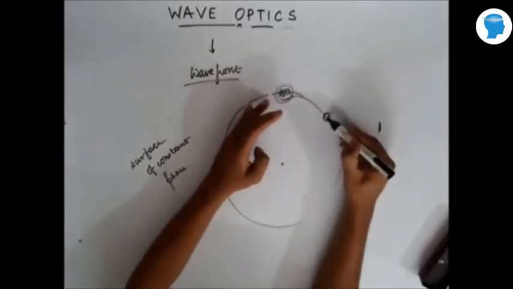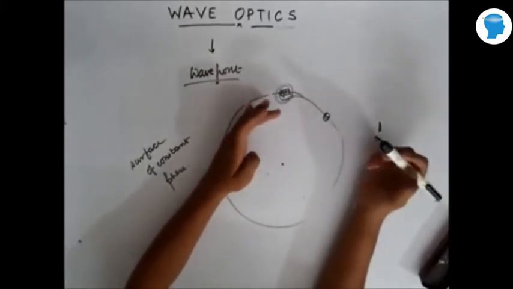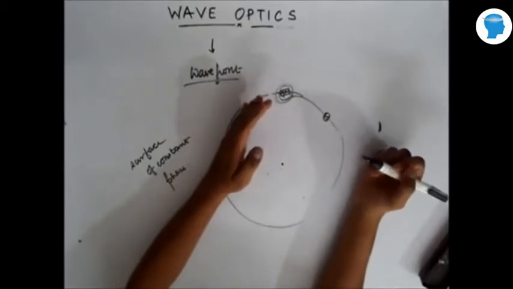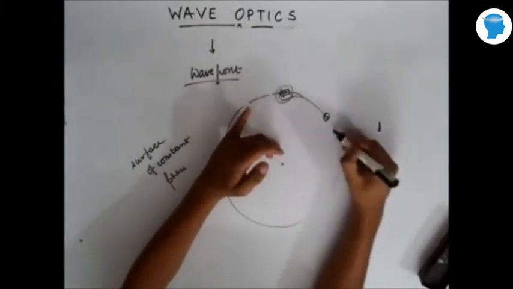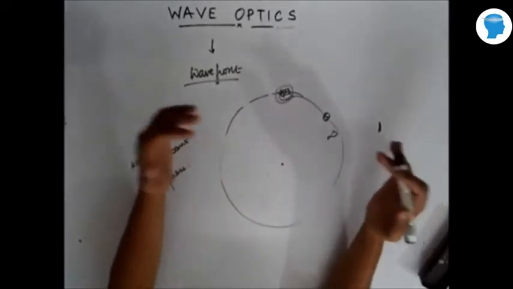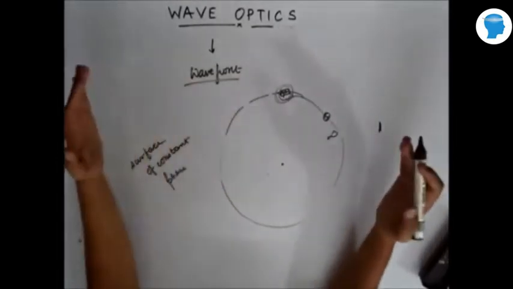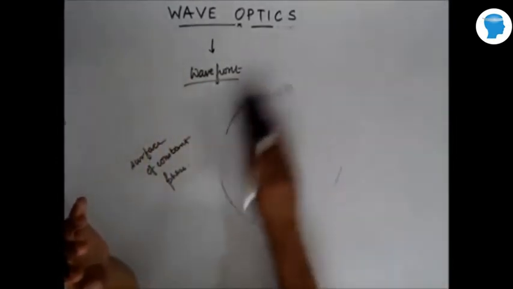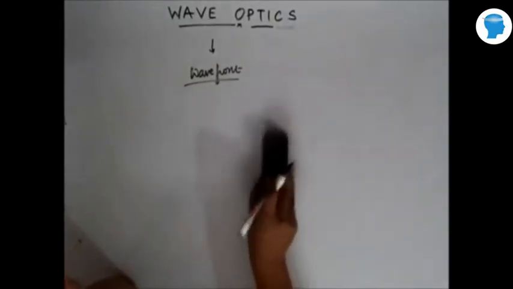Similarly, for this portion I can say that this wavefront is a plane wavefront. So if I take the radius to be infinity, what happens? The wavefronts actually become plane wavefronts because the radius becomes too large. Now, so that was all about wavefronts.